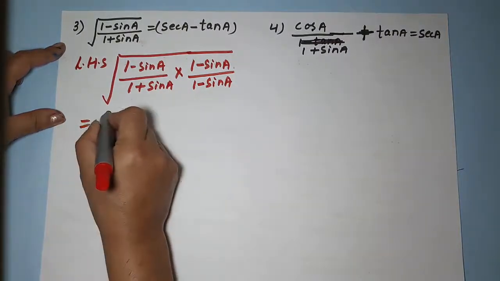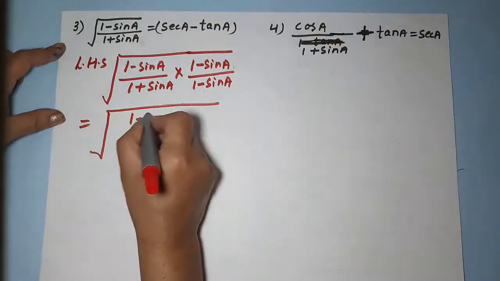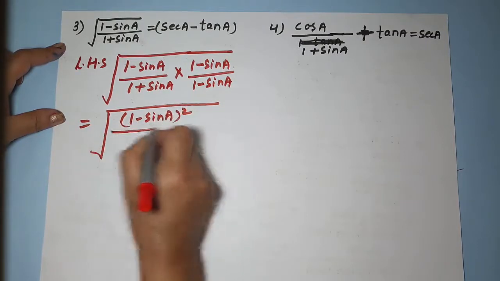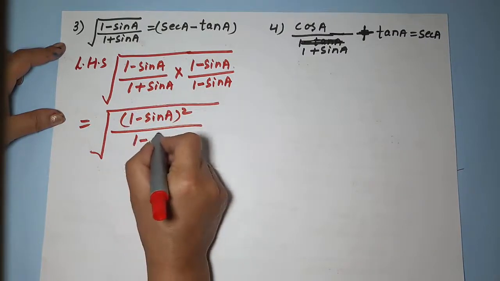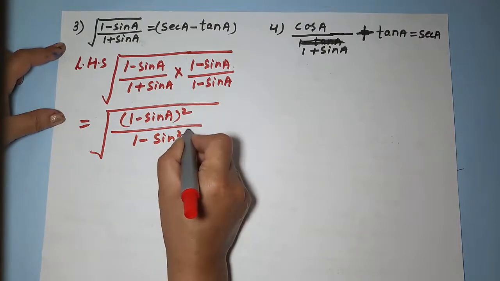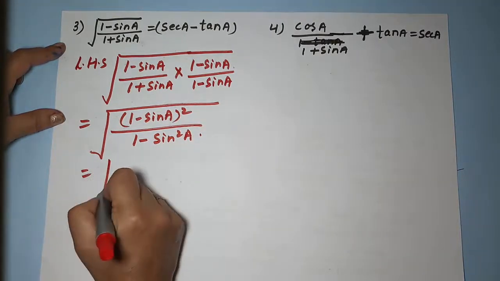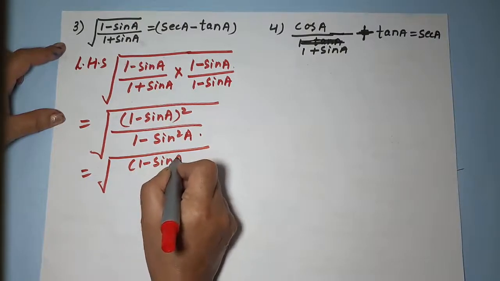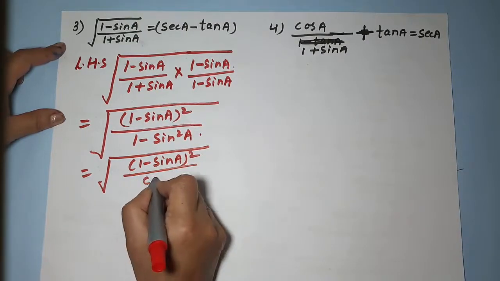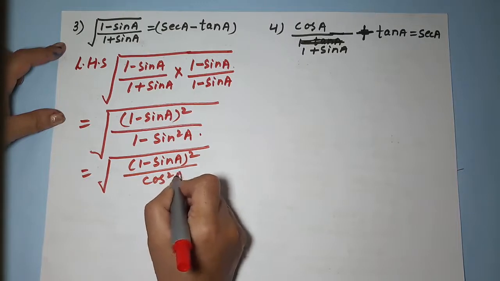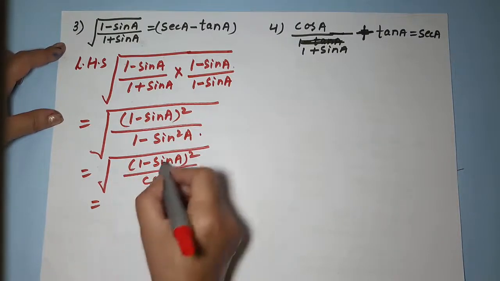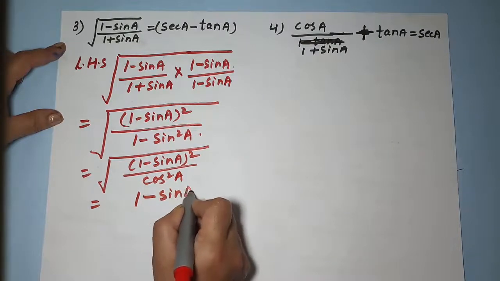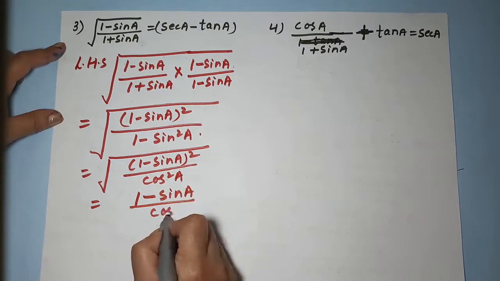So this makes it the square root of (1 minus sin A) whole square, and in the denominator you get 1 minus sine square A, which is further equal to (1 minus sine A) whole square upon cos square A, because 1 minus sine square A is cos square A.